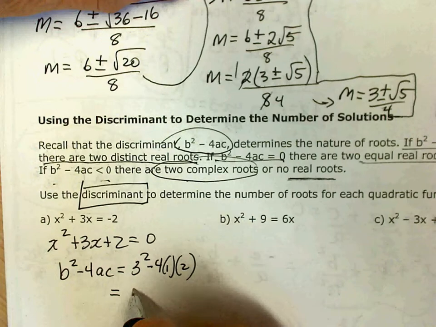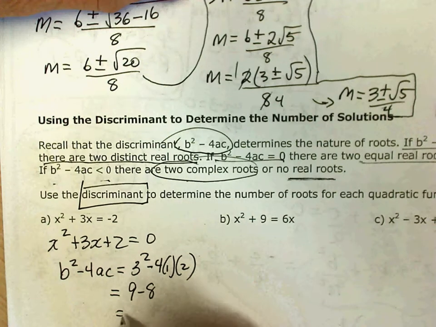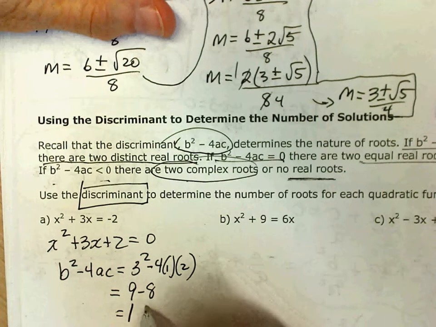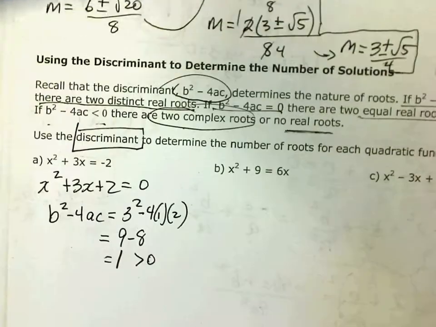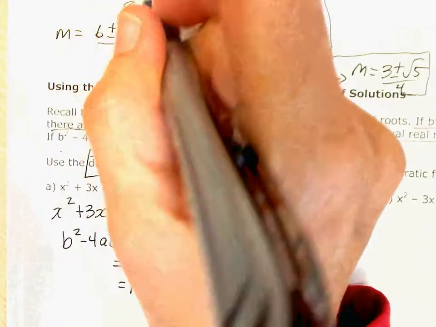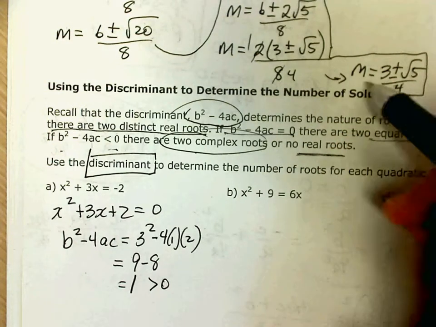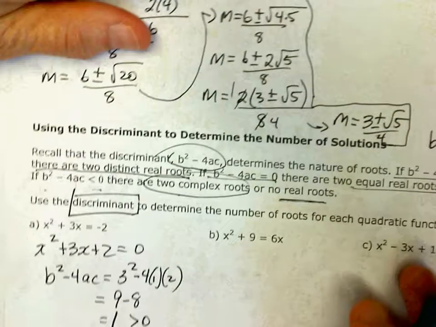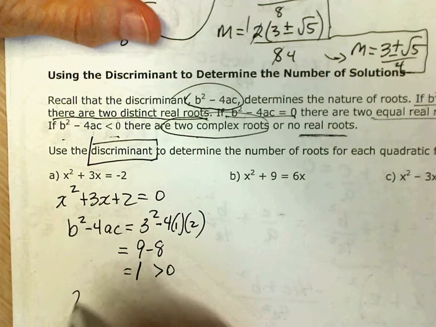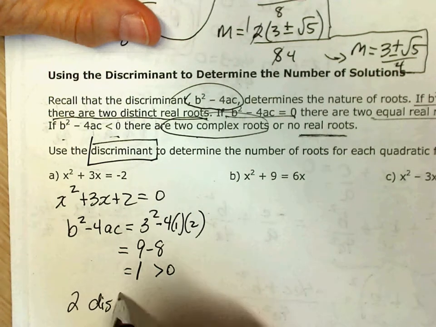Greater than 0. See how the discriminant is greater than 0, so we have two answers, a plus and a minus answer up here. Same here. So you're going to have two distinct real roots.